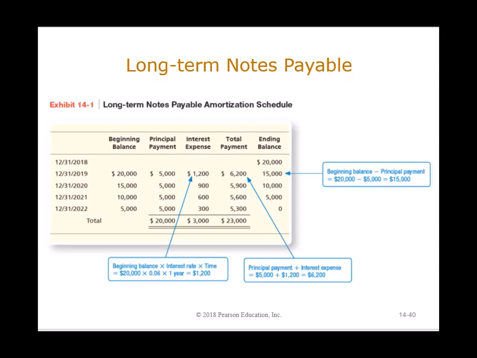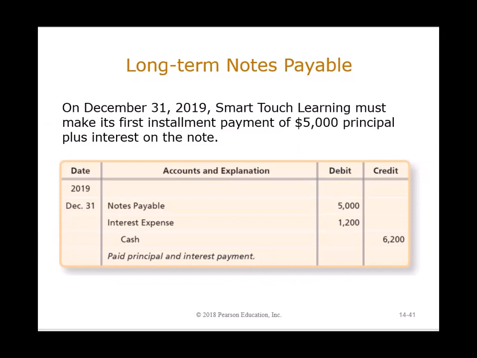And then the ending balance of the note is always going to be the beginning balance of the note less the principal payment. Remember, interest is an expense to the company, but it doesn't actually reduce their obligation with regards to the note.